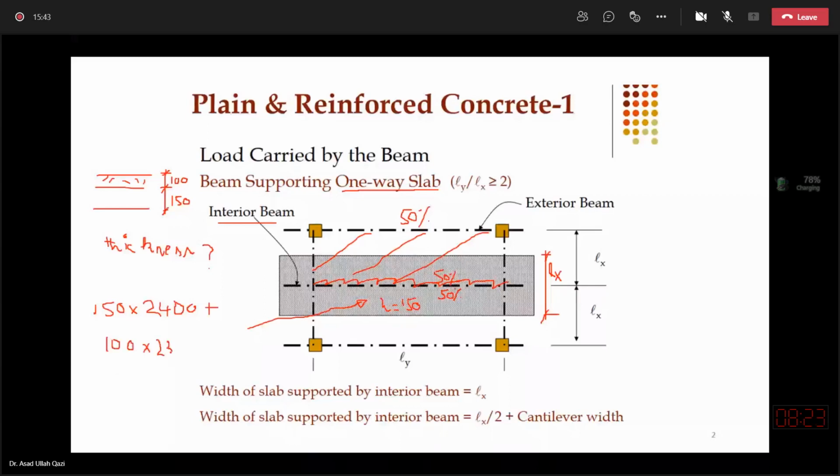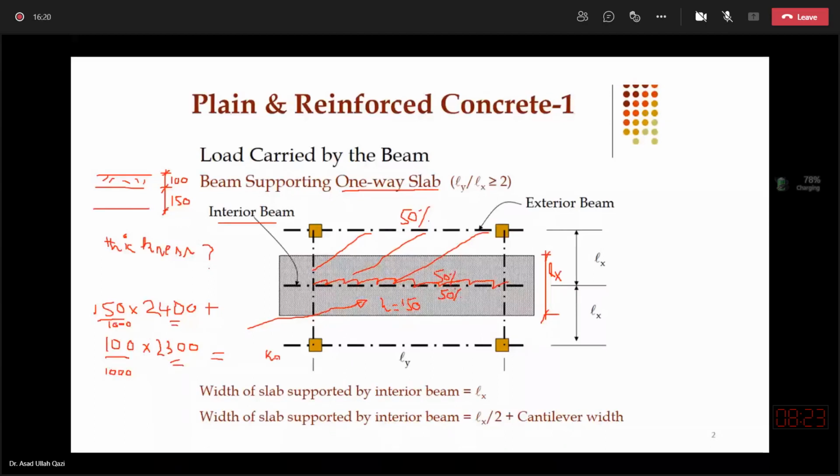Since these densities are in terms of kg per meter cube, I will divide the slab thickness by 1000 to convert it into meters, and the finish thickness also by 1000 to convert it into meters. Then resultantly, I will get thickness times density, the answer in kg per meter square.